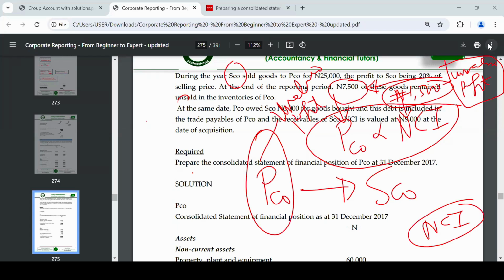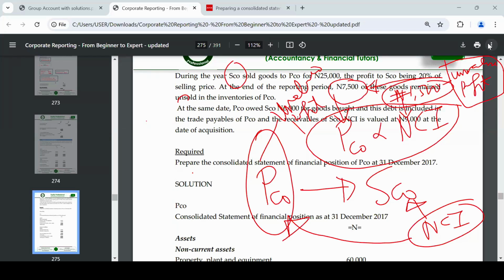Non-controlling interest will say, I am not a party to that transaction simply because that profit was solely made by PICO, and NCI does not have any investment in PICO. It has investment in ESCO. It is the unrealized profit that we are taking back for ESCO that can affect NCI. Is that clear?